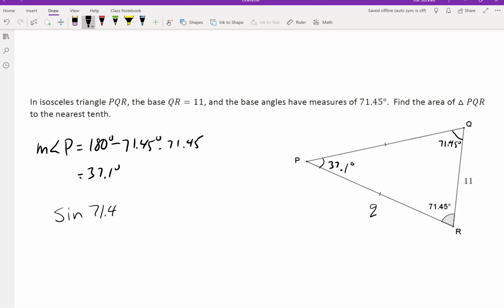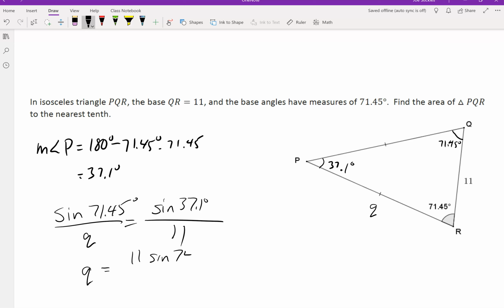Sine 71.45 over Q has to be sine of 37.1 over 11, right? That's our law of sines: sine of the angle over the opposite side, sine of the angle over the opposite side. So Q here will be 11 sine of 71.45 over sine of 37.1.